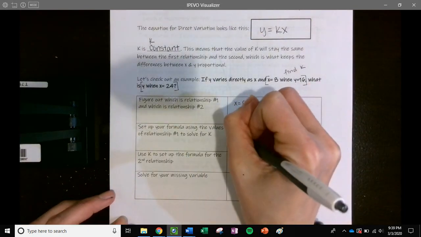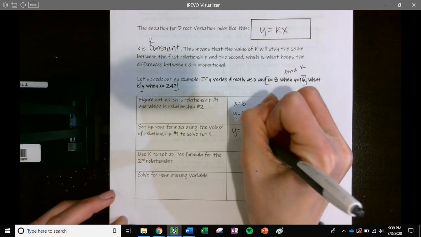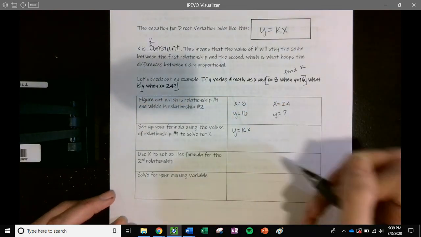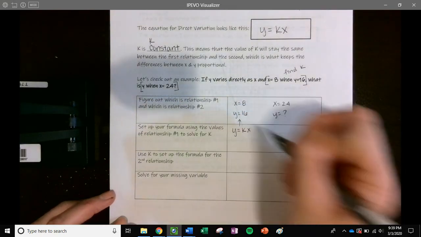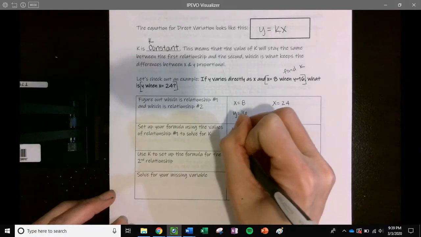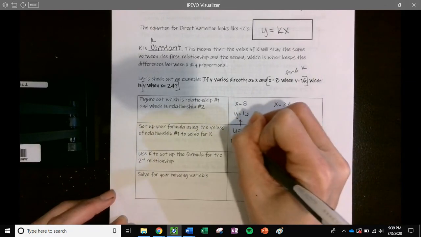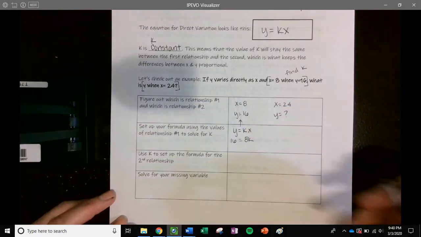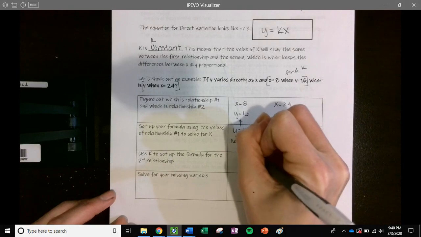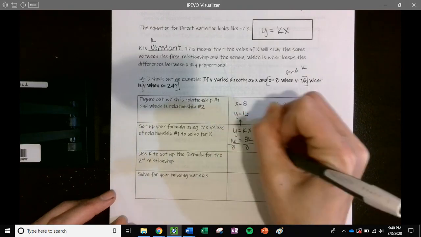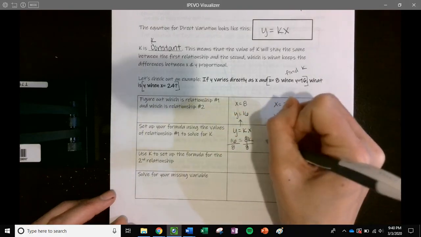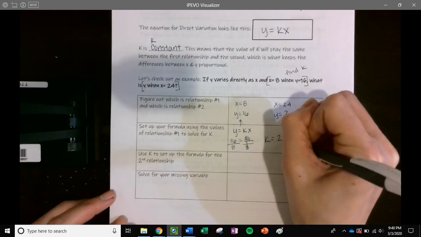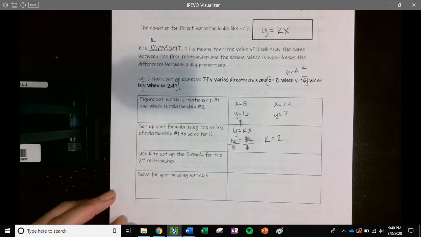So we are going to use y equals k times x and the information from relationship 1: 16 equals the x value of 8 and the unknown of k. So to solve for k, we'll just divide by 8 to cancel, and we get k equals 2, right? Because 16 divided by 8 is 2.